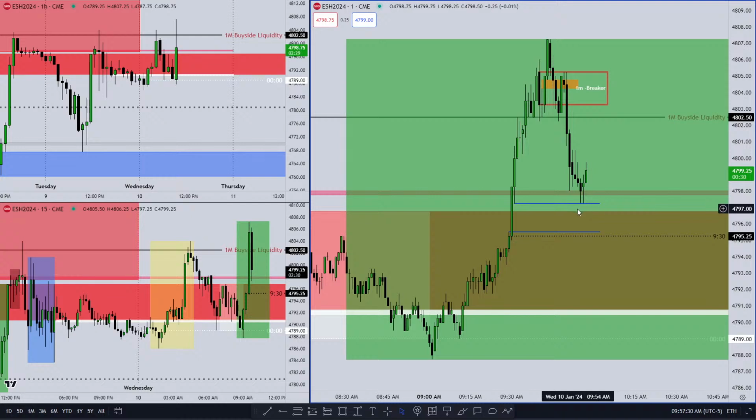I've seen many scenarios where it does this and then trades to the closest imbalance, the one closest in proximity, and then it just sends it lower. So let's see what happens here. If it goes above this, then it would go to here next, and like I said, we don't want to see consequent encroachment traded to, which is essentially the breaker low.